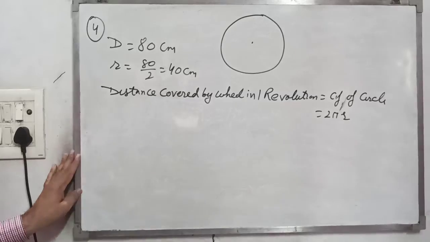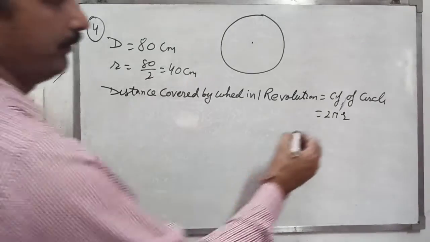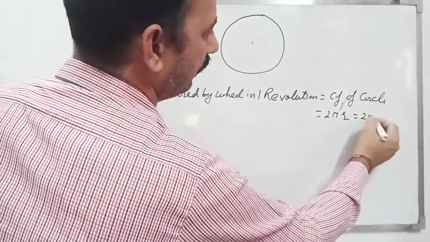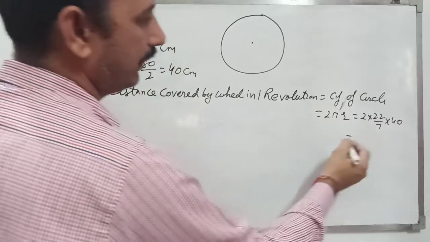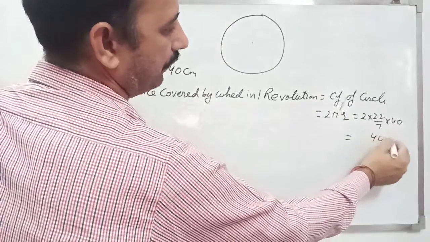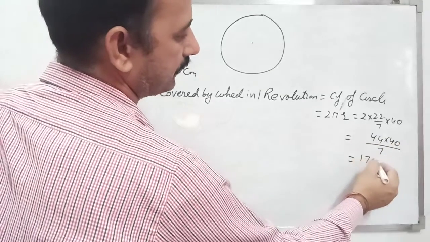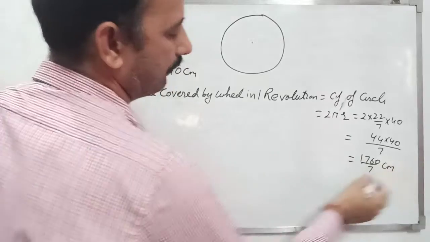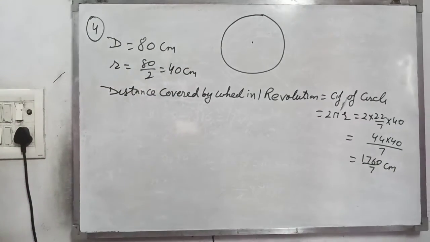So make it 22/7, r is 40. So you get 44 into 40/7, which is 1760/7 centimeters. Such distance is covered in one revolution by the wheel.